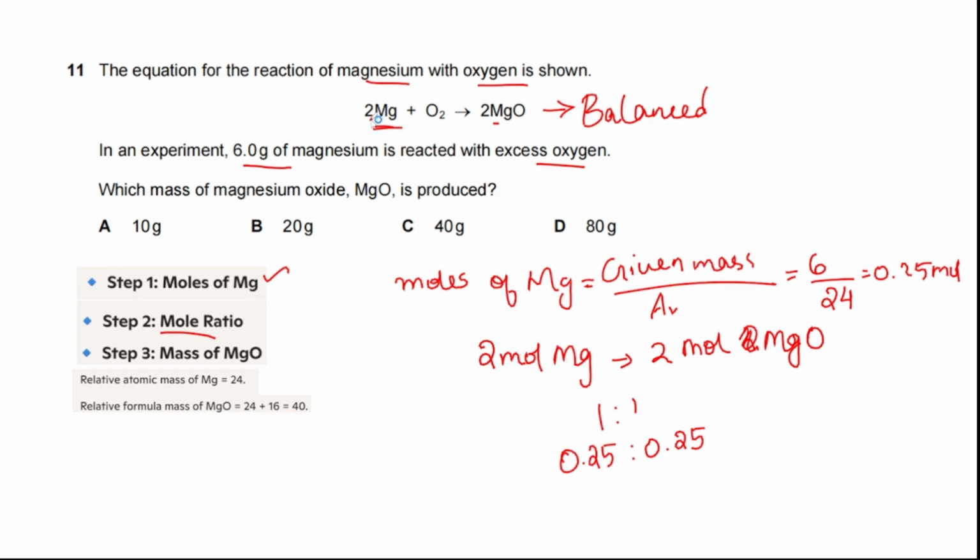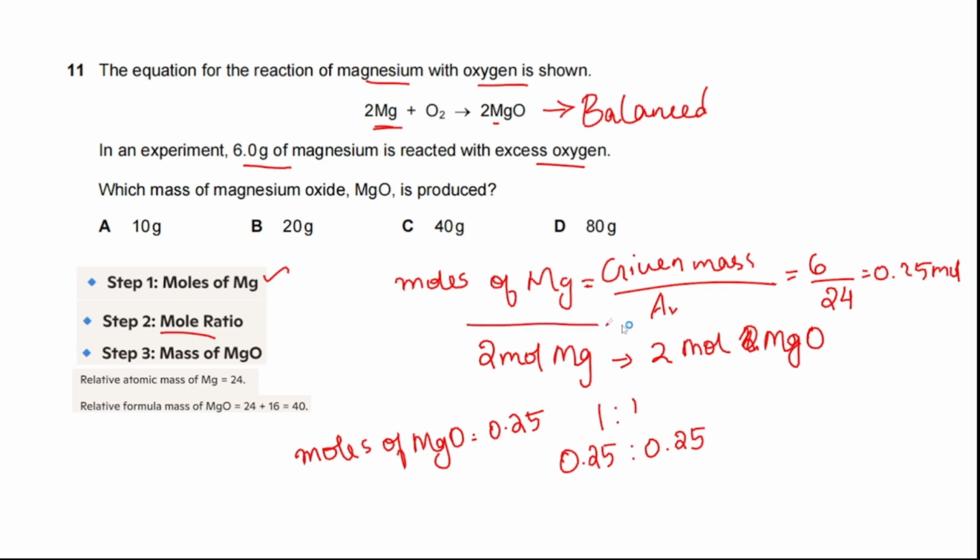So 2 Mg, 2 MgO. So 1 Mg will give you 1 MgO, 0.25 Mg gives you 0.25 MgO. So now you will get the moles of this MgO, and that's the same as Mg, which is 0.25.